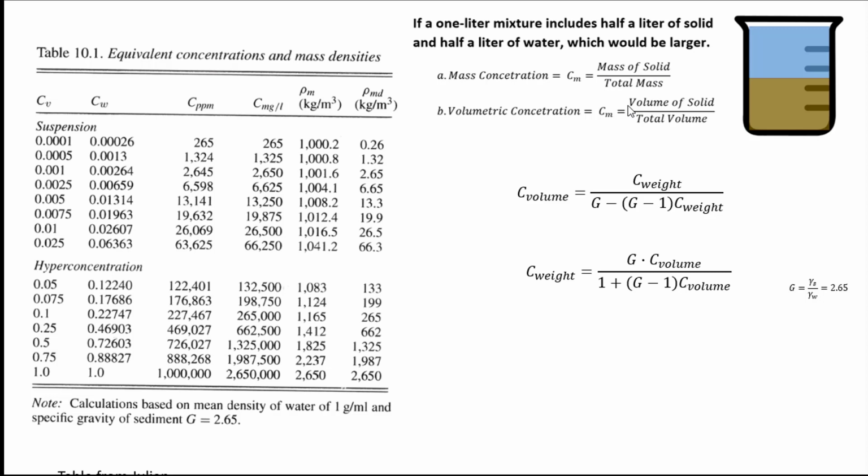It's going to be closer to 0.7 because the specific gravity of your solids is about 2.6 times the specific gravity of your liquid.